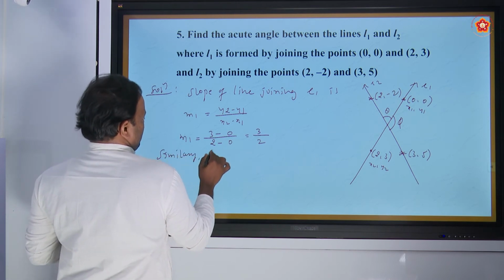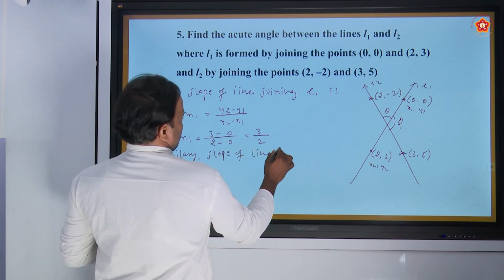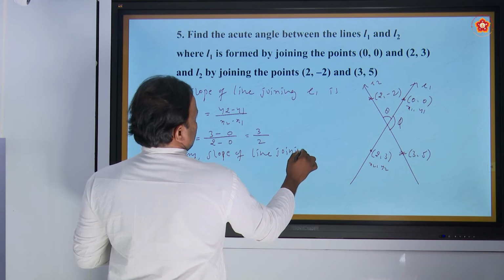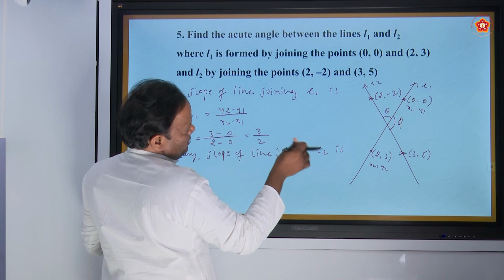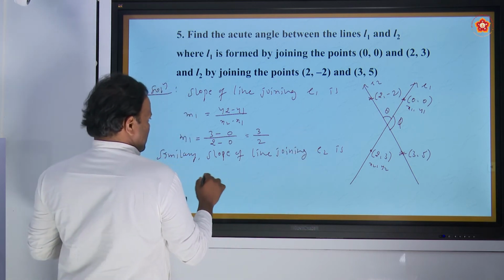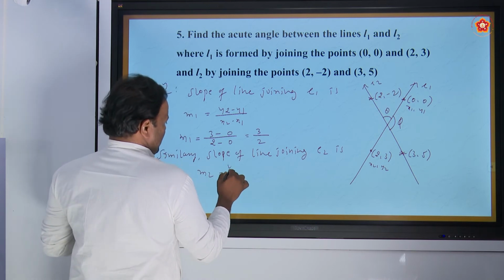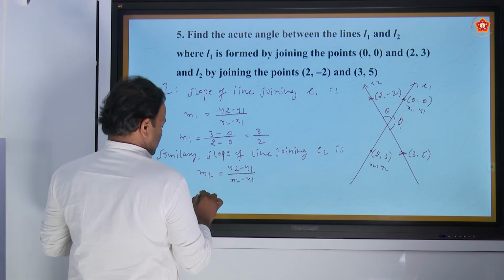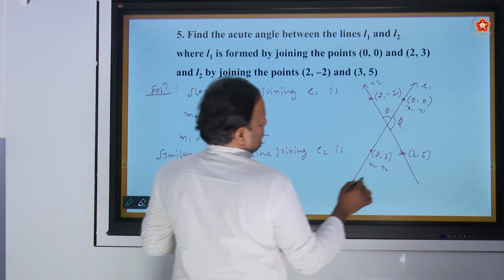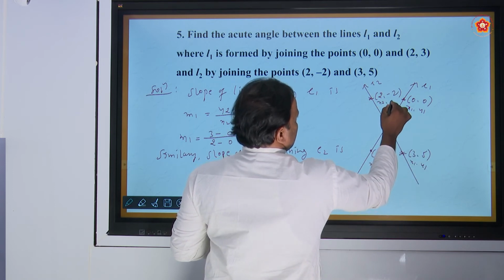Similarly, the slope of the line joining L2. See the figure, draw the figure, you can easily understand the values. L2 is, say, M2. Same formula, y2 minus y1 divided by x2 minus x1. This is x1 y1, this is x2 y2.